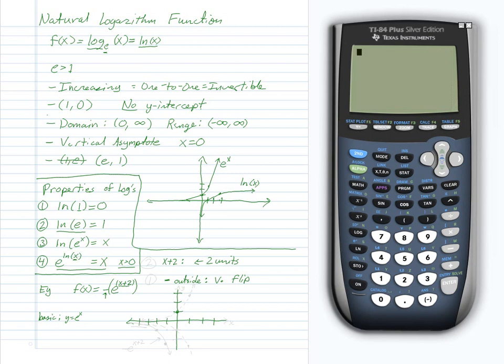So we had the points (0, 1) and (1, e). So my basic function is given there. Now recall the order that we want to do these transformations in. My shifting always comes last. I want to do the vertical flip first, and then the shift.